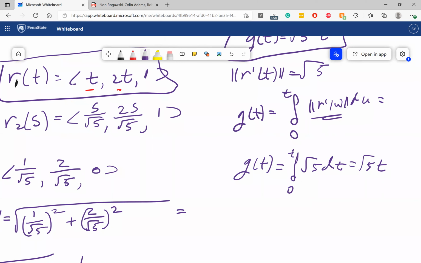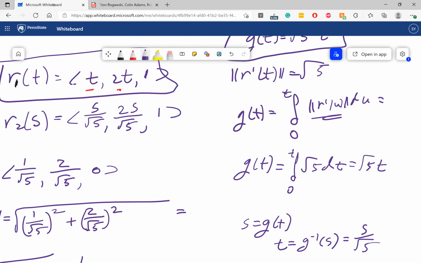Now, in order to find my s, I say, okay, s is equal to g(t). Or in other words, t is going to be equal to g inverse of s. Well, what's g inverse over here? It's just going to be 1 over the square root of 5, so this is going to be s over the square root of 5.